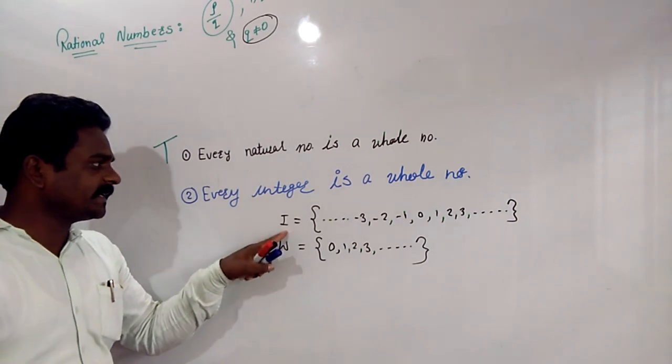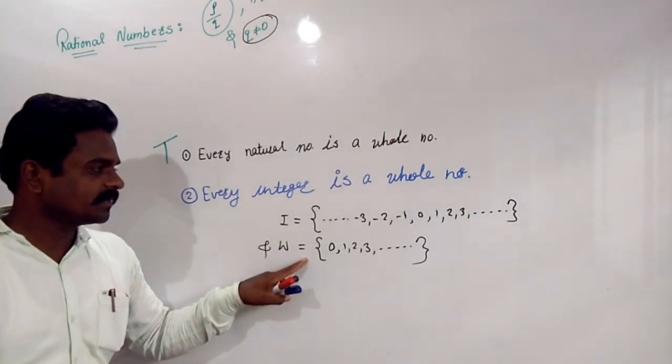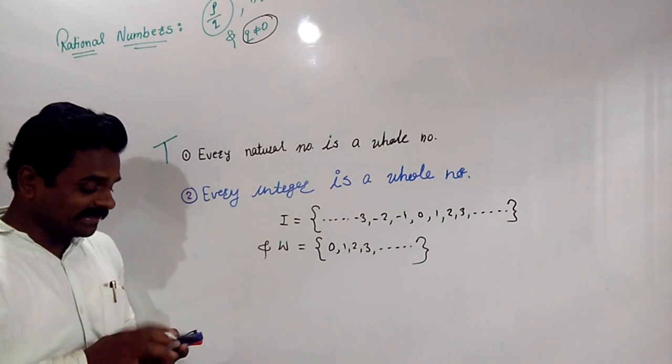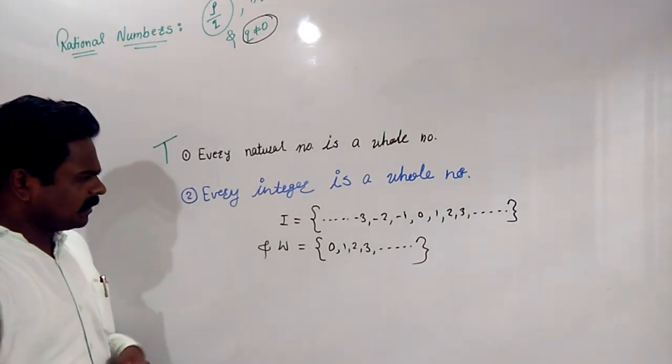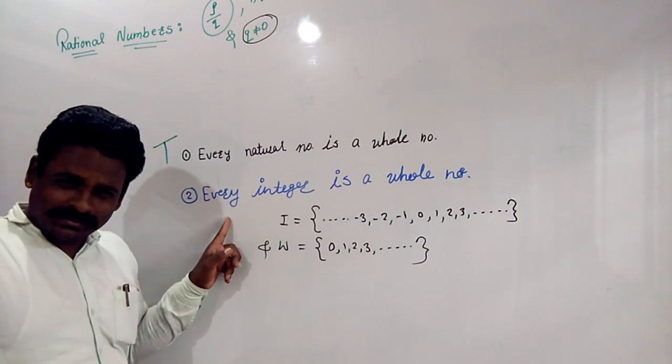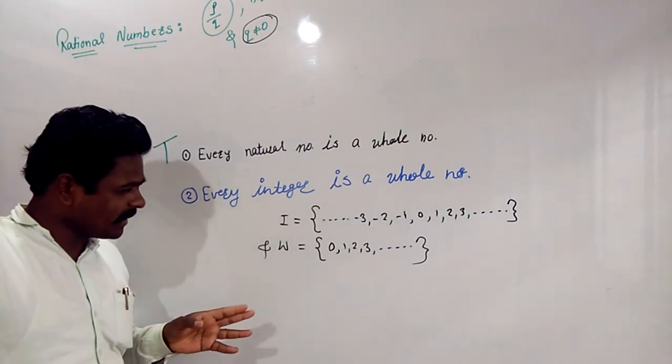So every integer is a whole number. Okay, fine. So is this true?